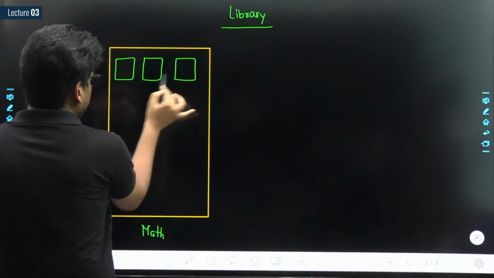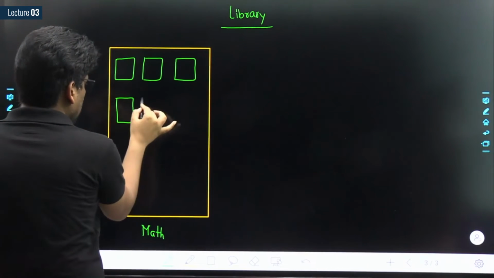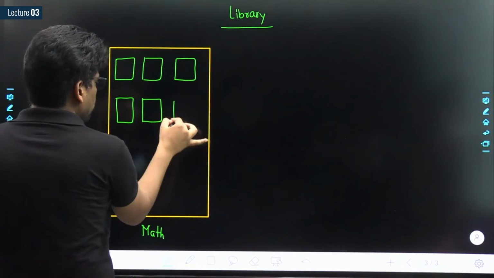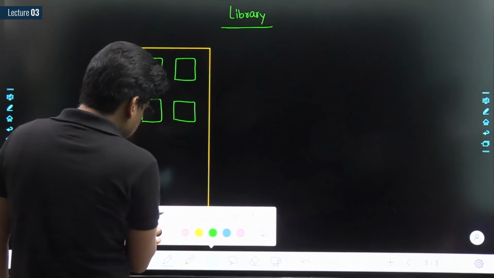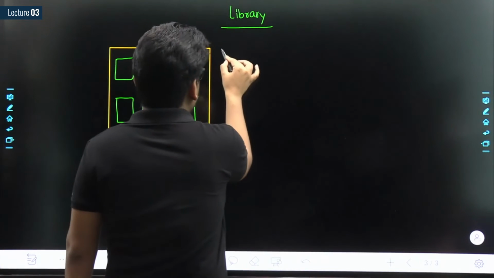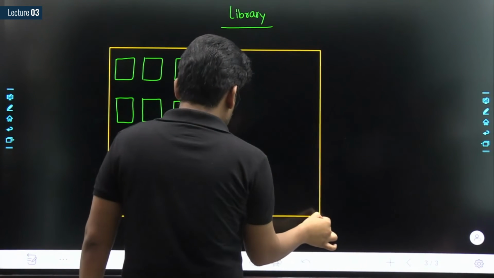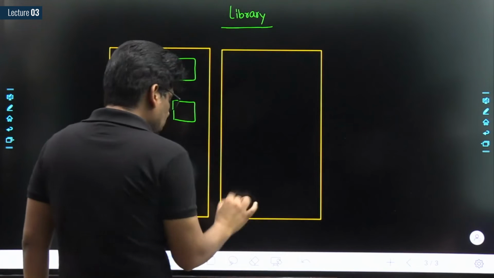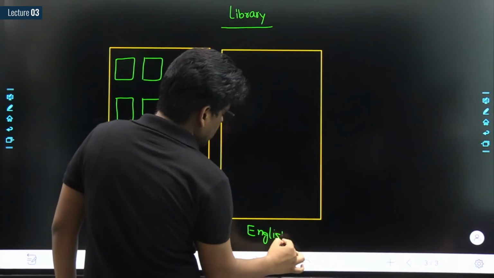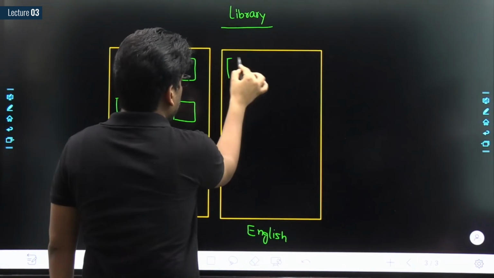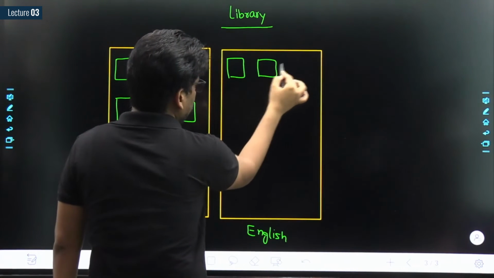Am I right? Similarly, all the books related to English are placed together.